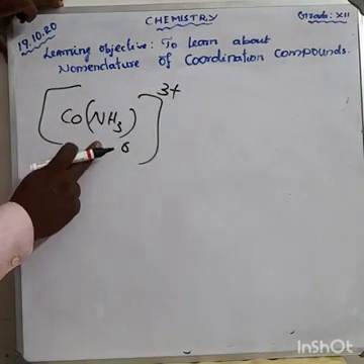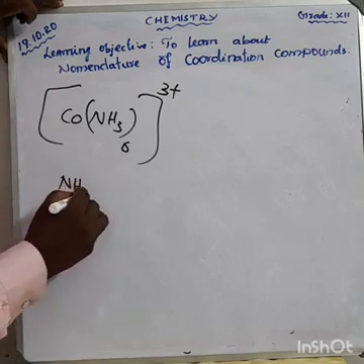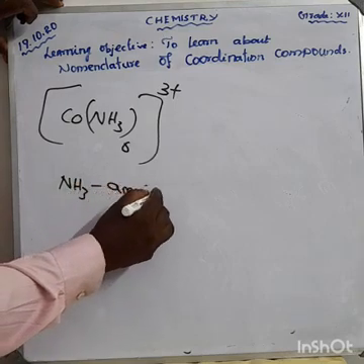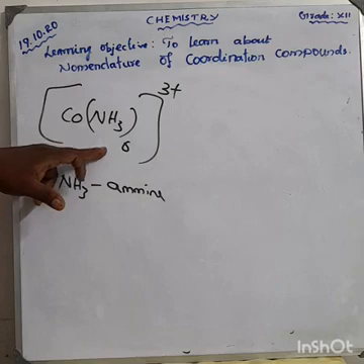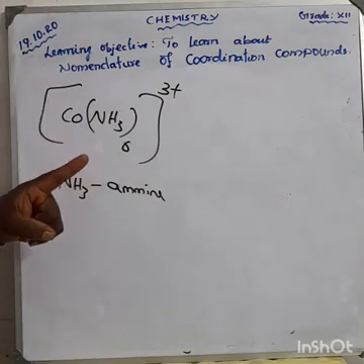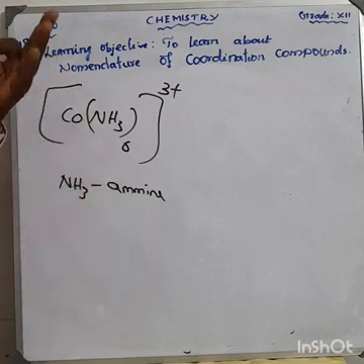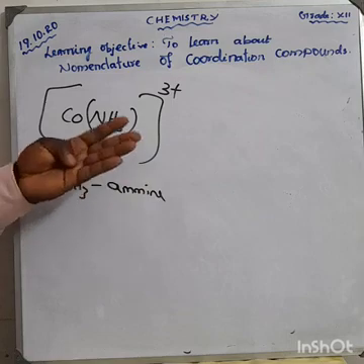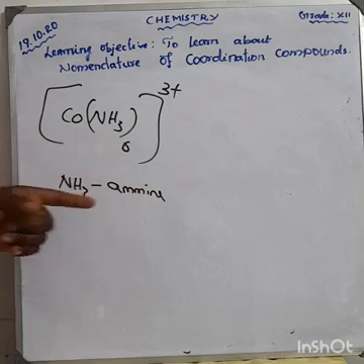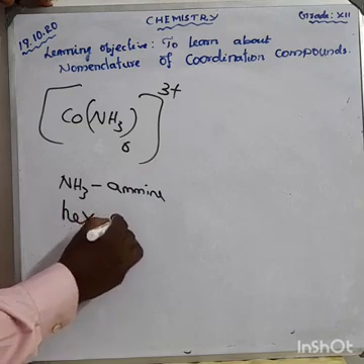Ammonia is a neutral compound, so it is written as ammine. How many ammonia ligands are there? Six. So one means monoammine, two diammine, three triammine, four tetraammine, five pentaammine, six hexaammine. So the name is hexaammine.